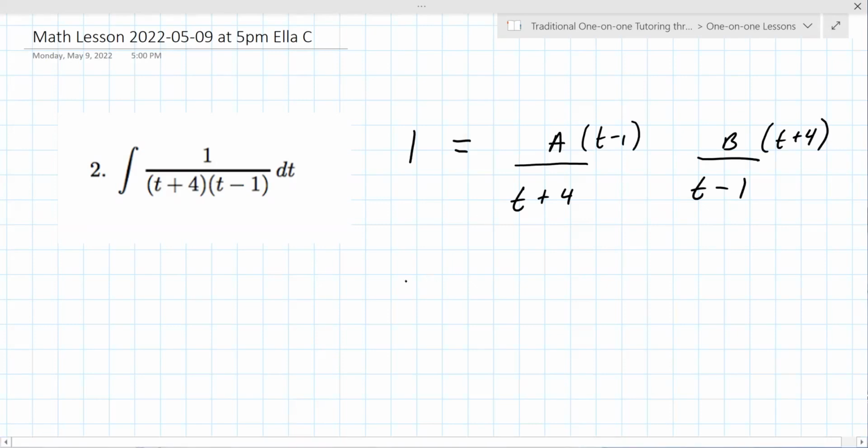The way this is set up is it's A(t minus 1) plus B(t plus 4). There's really a plus here that I didn't write.